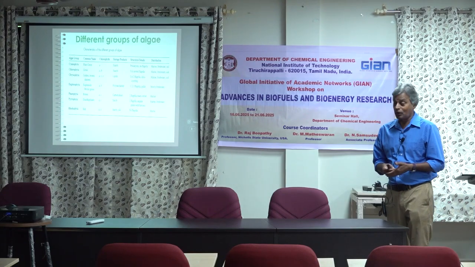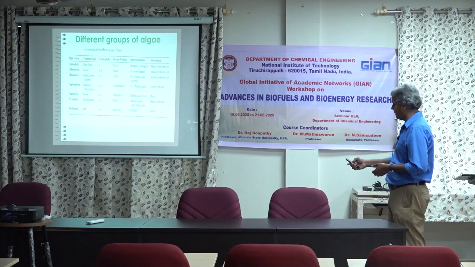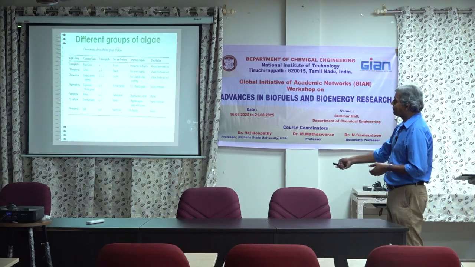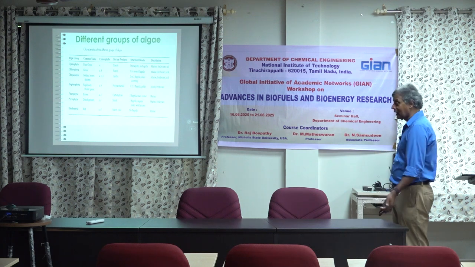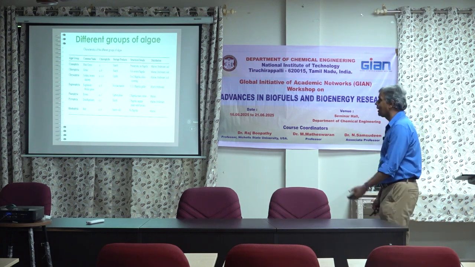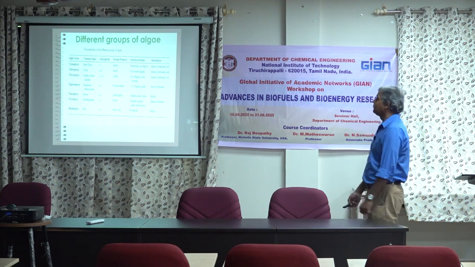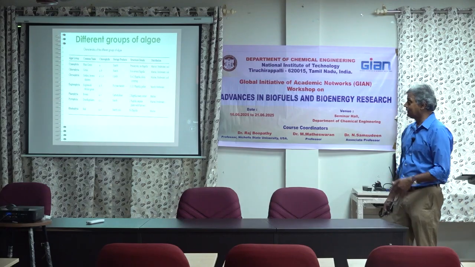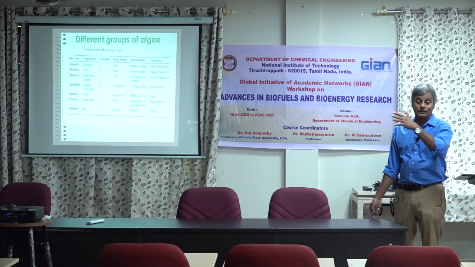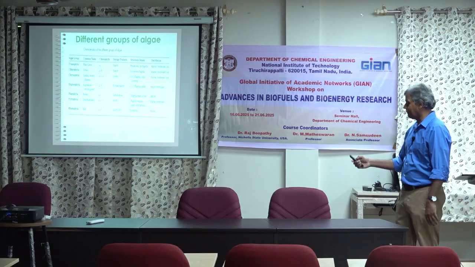They like only freshwater. Okay, so those are the major groups listed here. Some of the common names are blue-green algae, green algae, golden brown diatoms, euglenids, brown algae, dinoflagellates, red algae. So you can see the common name and scientific name next to it.